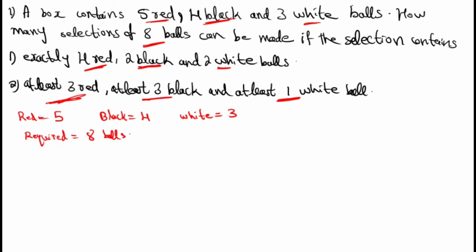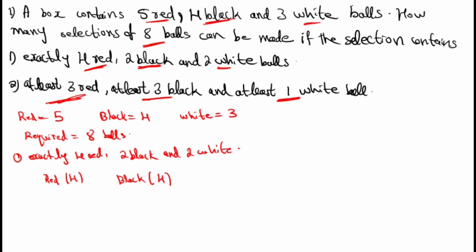Then go to the first question, the selection must have exactly 4 red, 2 black and 2 white. Here the given data is 5 red balls, 4 black balls and 3 white balls.